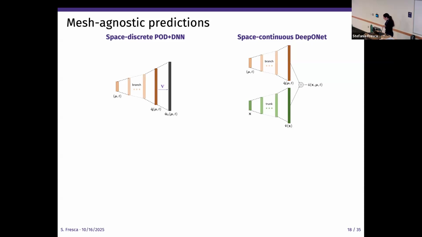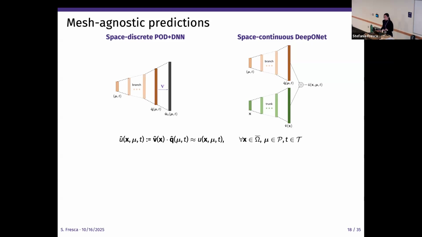In this case, the basis functions are approximated by means of a neural network referred to as the trunk net. By combining the outputs of the branch net and the trunk net, we are able to obtain a mesh-agnostic approximator, meaning that its predictions are not limited to the vertices of the mesh, or in the same way, the approximated solution can be evaluated at any given point in the space domain.